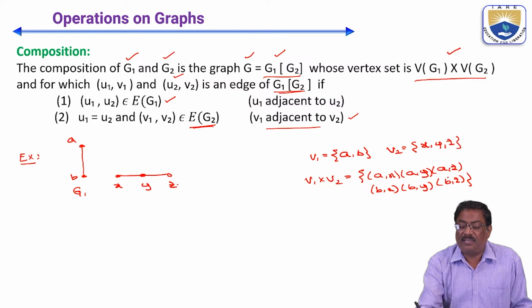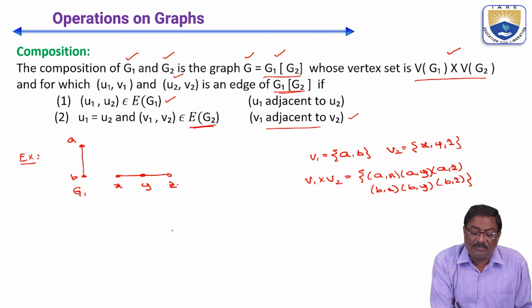Now how many vertices are there? There are 6 vertices. Let us consider those 6 vertices drawn here like this.